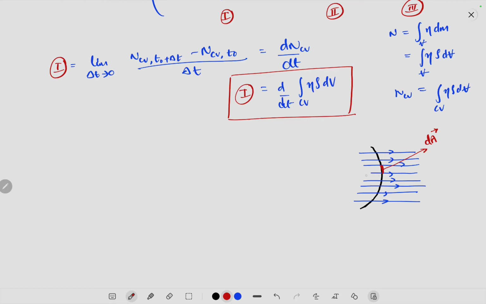Now because of the fluid flow, what can you say about the fluid elements which were present here, at a later time t naught plus delta t?